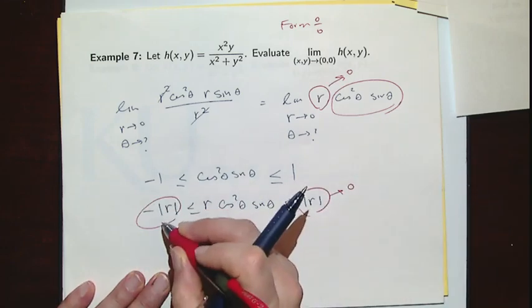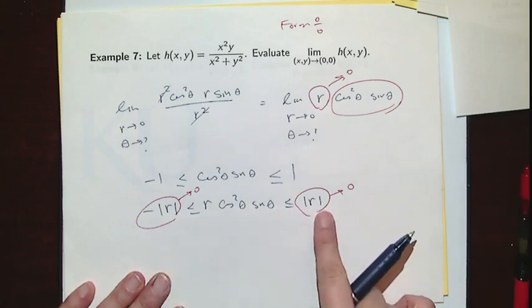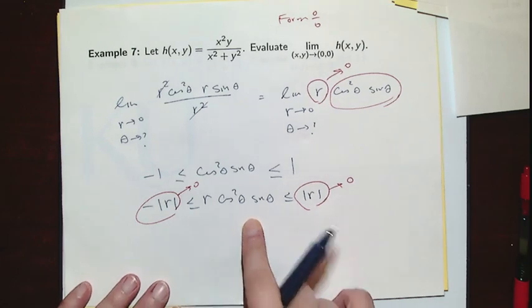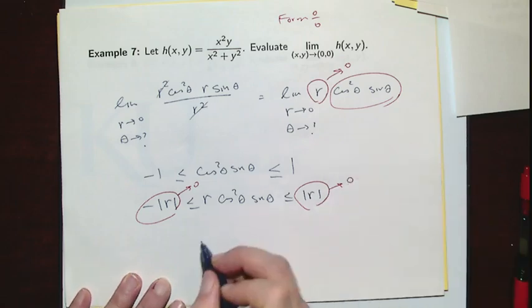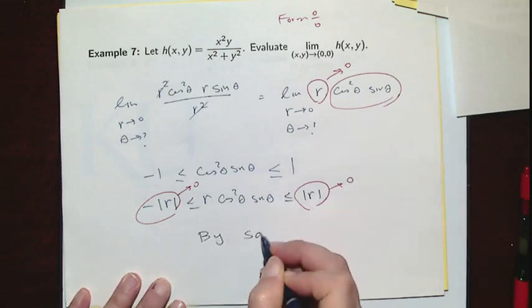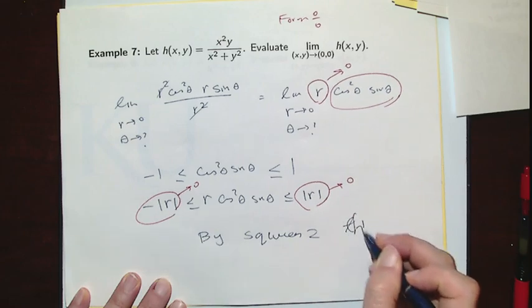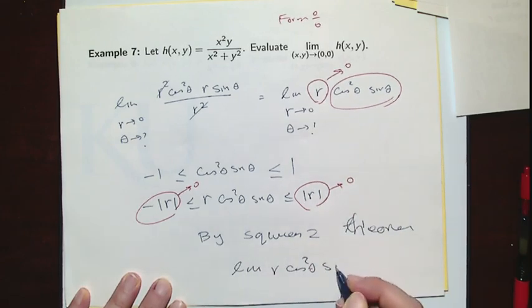What about this? Wait a minute. The limit of that is 0, the limit of that is 0. What's the limit of what's in between? But what theorem? Thank you, guys. By the squeeze theorem. I finished on time. Limit of r cosine squared theta sine theta.